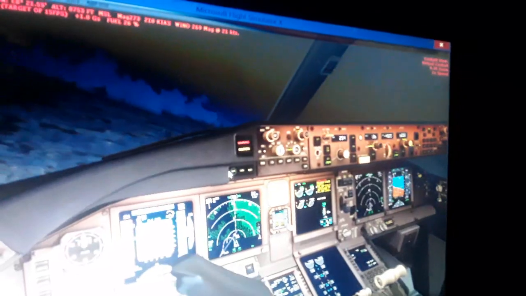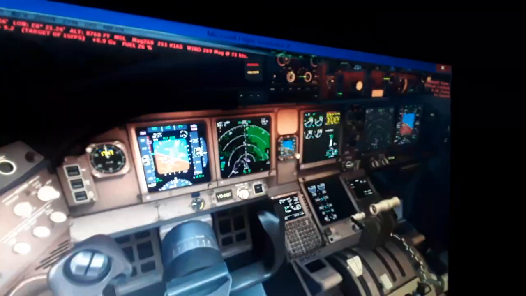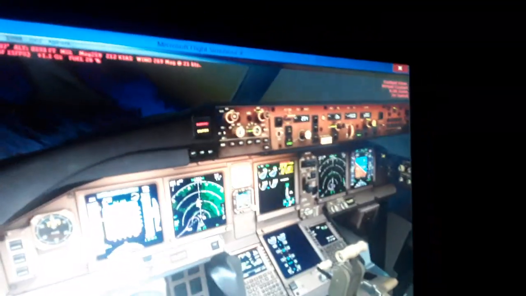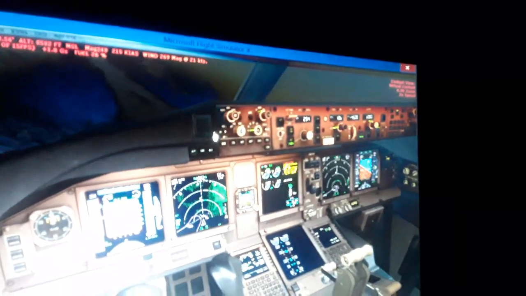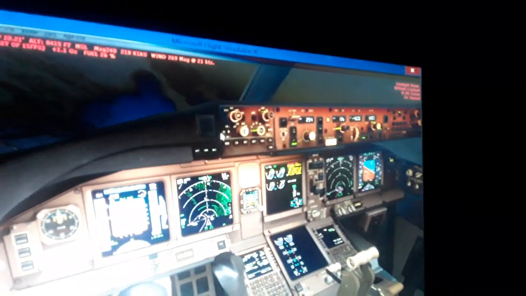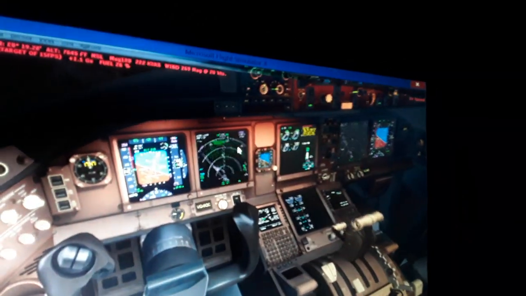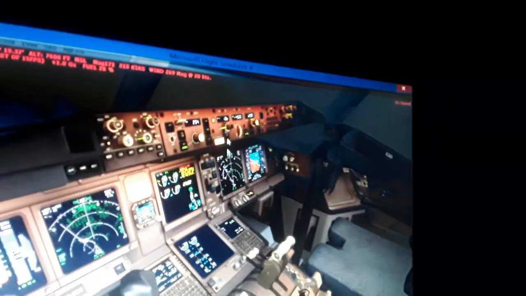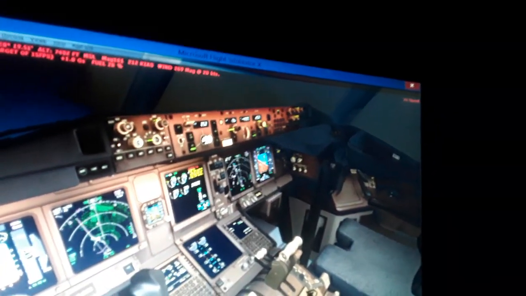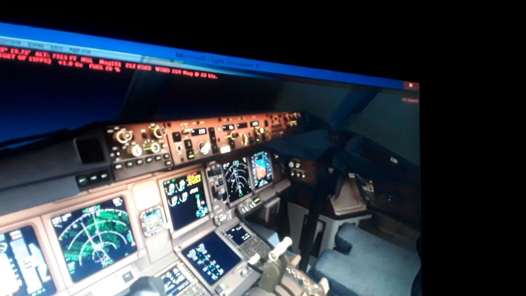And we have like 4 more minutes left for this video to end. 8,000 feet. We have disarmed the autopilot. We cross over here the river. Also the airspeed needs to become a little bit less.